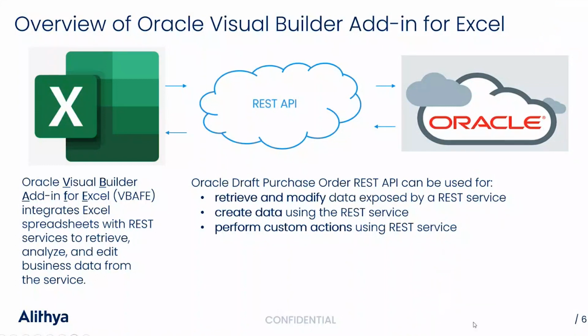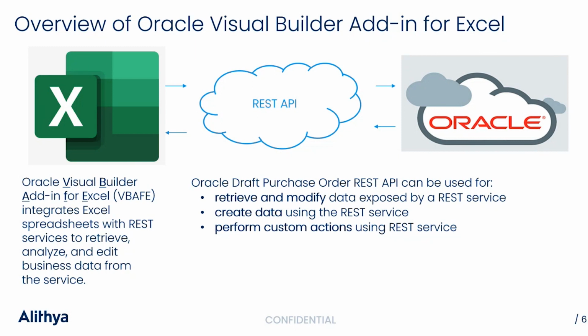Here we are looking at a high-level overview of the Oracle Visual Builder. The Visual Builder tool uses Excel and the REST APIs to communicate with the Oracle Cloud application. The Visual Builder add-in tool for Excel sits inside of the Excel template, and you'll be able to see that when we do the demo.